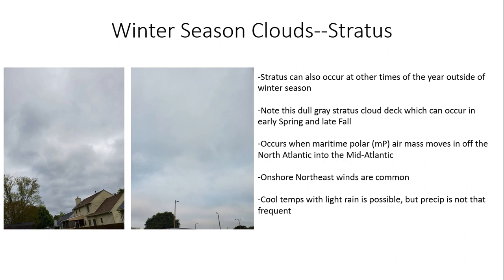They occur when you typically get maritime polar air moving in off the North Atlantic. That typically occurs with more of a northeasterly wind, onshore northeasterly wind during any time from the early spring, late fall, and especially the winter time. Cool temps with light rain is possible, especially if they're a little thicker in nature, right?